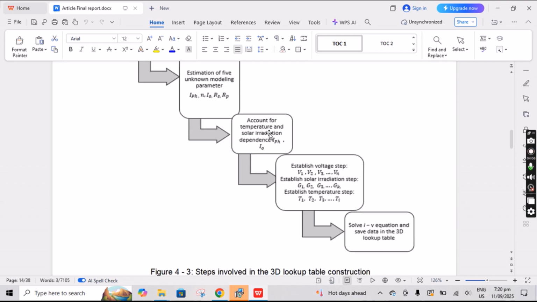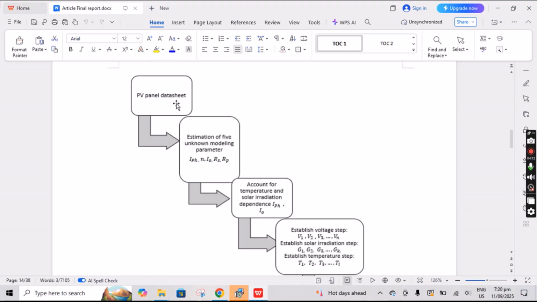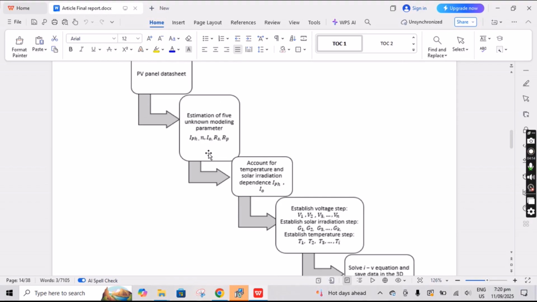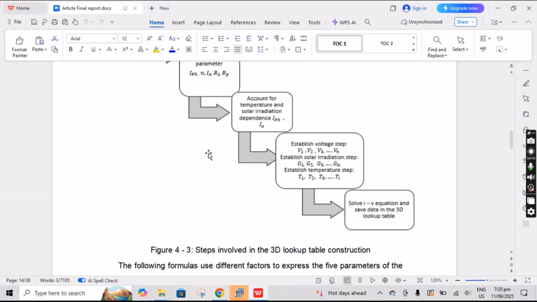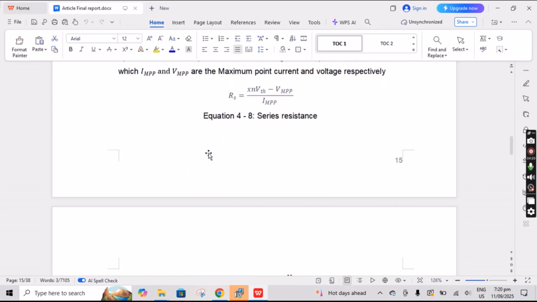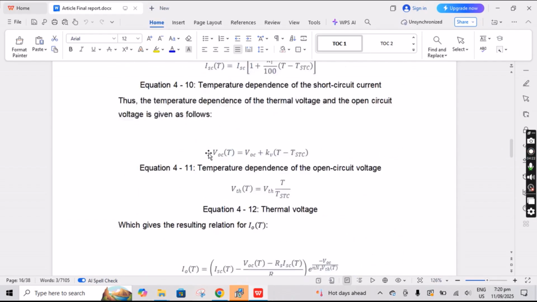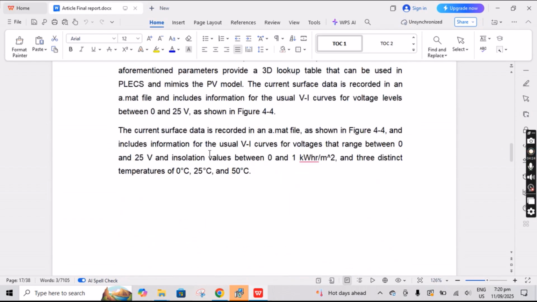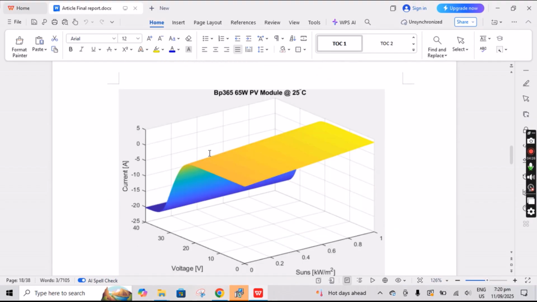Then all the equations are given. These are the steps involved in 3D lookup table construction: PV panel dataset, estimation of 5 unknown modeling parameters, and everything. You can read it and understand the complete system.